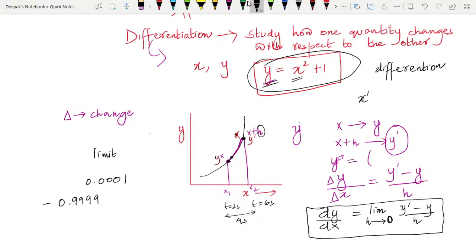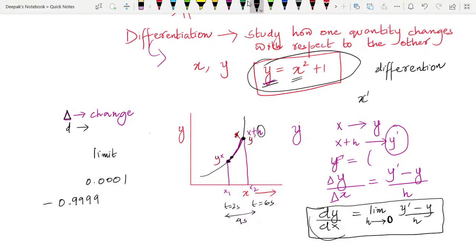Now see, when I write delta and when I write d, what is the difference? When I write delta, that means the change is quite large, and we can use simple subtraction and addition to find the answer. But when I write d, that means the change is very small, that means your x changes by a very small amount. That's why I have written d.